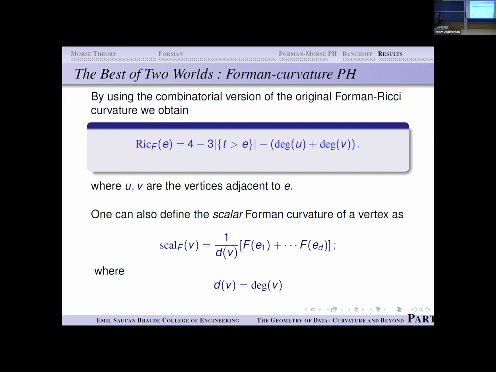So if I have a vertex V, and edges E1, E2, E3, let's say, then of course the degree, the scalar Forman curvature at V is the sum of Ricci Forman of V_i, i from 1 to 3, divided by the degree, by 3, yes, and so on and so forth. So this is very simple.